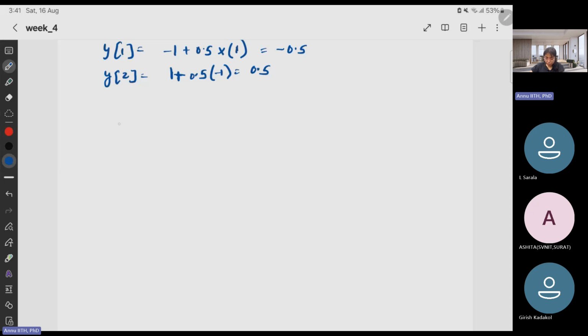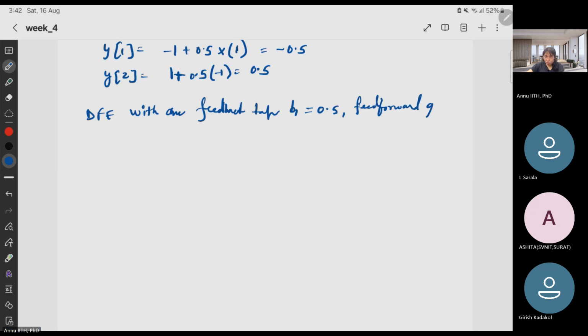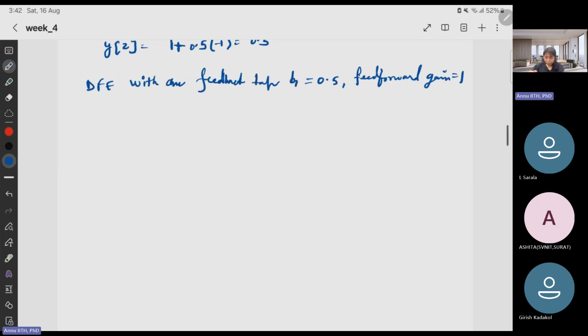Deciding this way, x cap of n is equal to the signum of y of n minus 0.5 x cap of n minus 1.